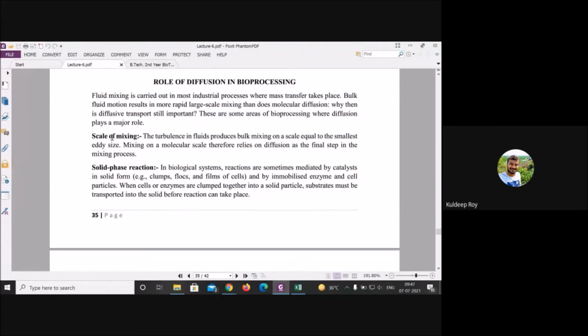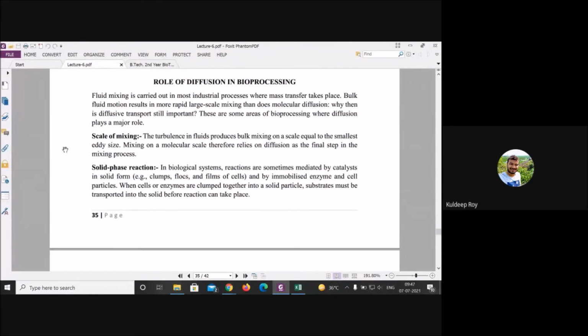First is the scale of mixing. Mixing means you are mixing two kinds of product and increasing the turbulence. And what is the role of turbulence? Turbulence increases diffusion from one medium to another: solid to liquid, liquid to liquid, or gas to liquid, depending on which kind of system you are dealing with.